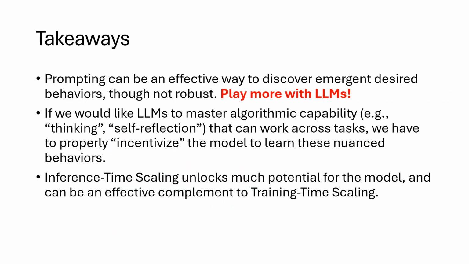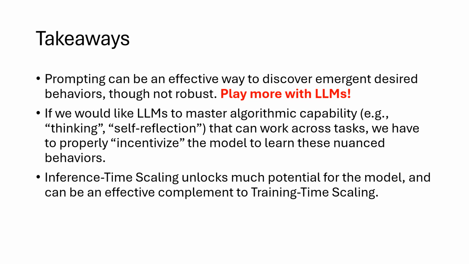Okay, thanks for watching so far, and here are some final takeaways. First, I think prompting can be an effective way to discover some emergent desired behaviors like thinking and self-reflection. Though this inference-time-only solution is not robust, as I explained before, my advice would still be to play more with language models to see what they can and cannot do.